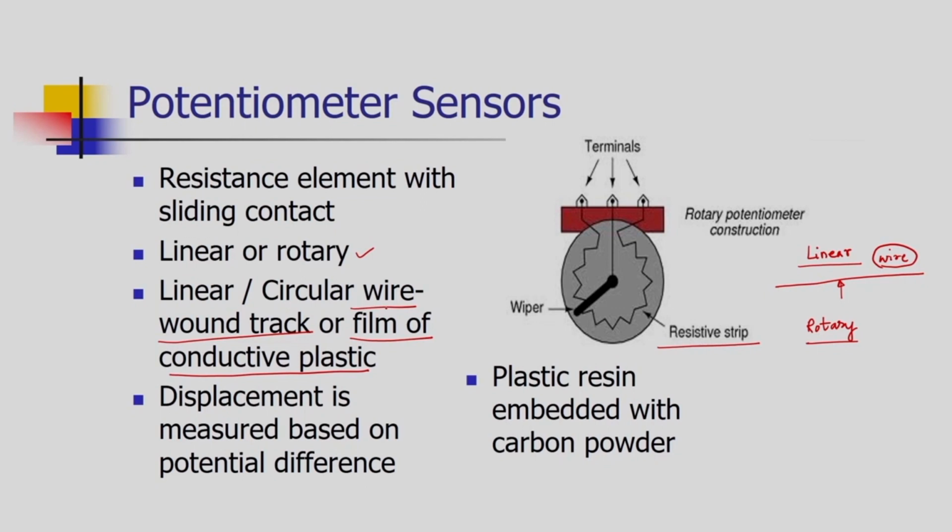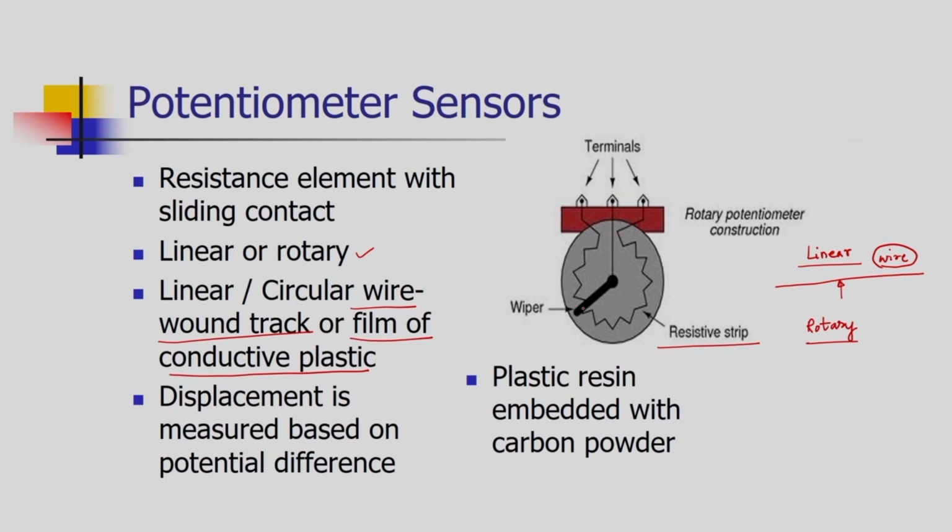This wire wound track has a number of turns over the core of the sensor, and as the wiper or the slider makes contact with the turns, we are measuring the resistance according to the contact of that slider with a specified number of turns on the circular wound track. So, the resistance we can get is when the wiper is contacting a wire.